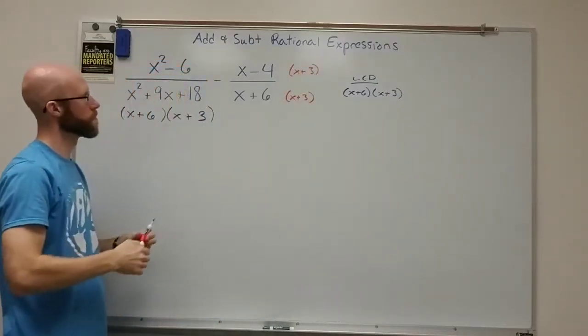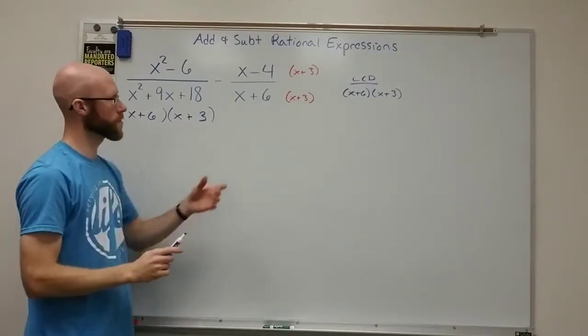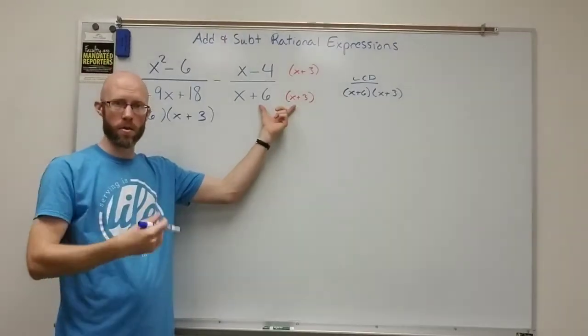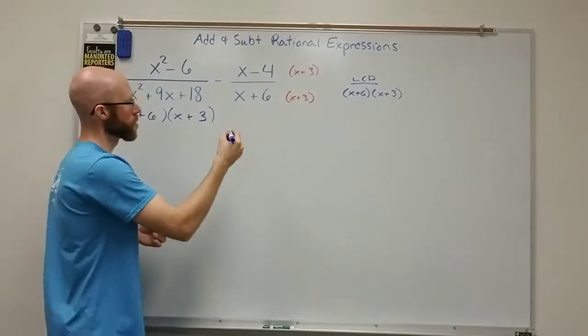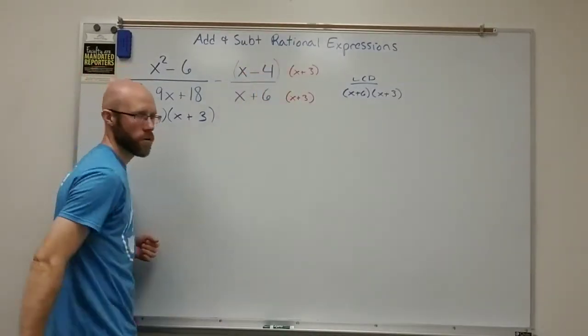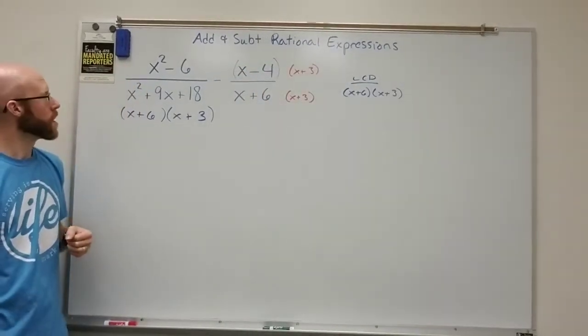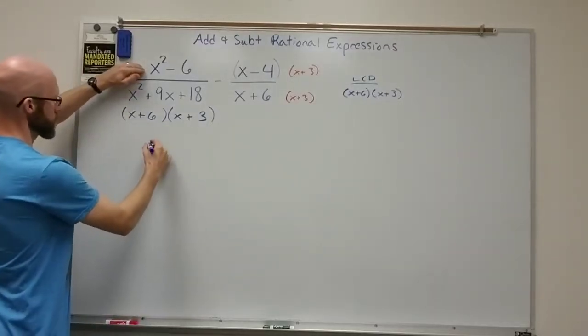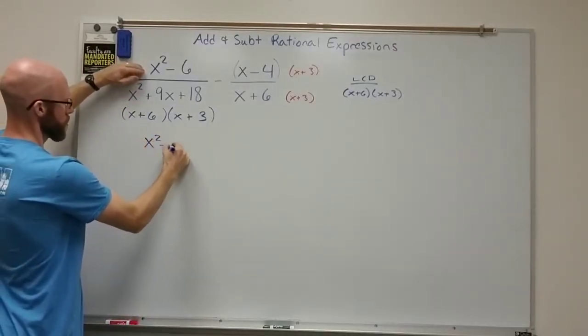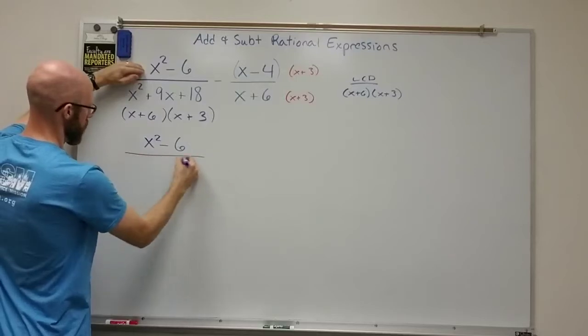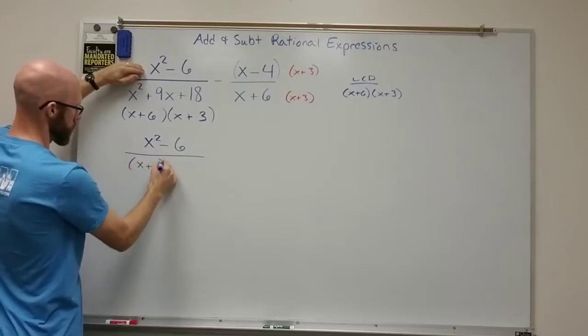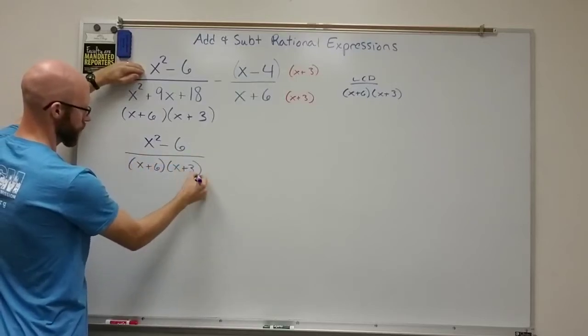Now remember, when doing this, I'm going to leave the bottoms separated or factored. The numerator, however, the top, I've got to go ahead and distribute. So start with the first one here. That one stays the same. So I have x squared minus 6 over x plus 6, x plus 3.